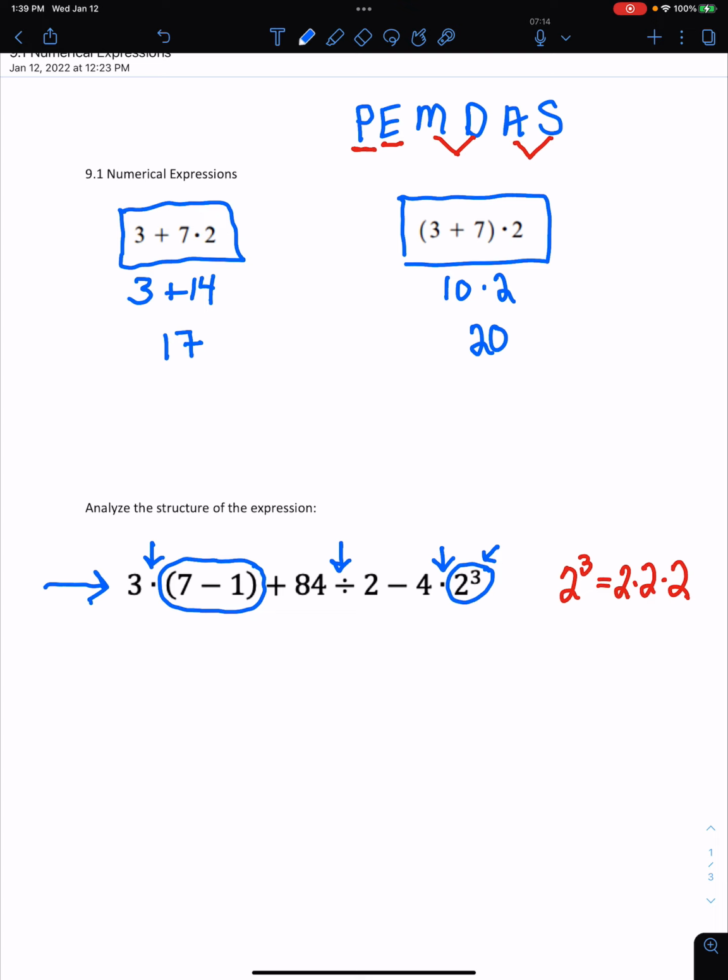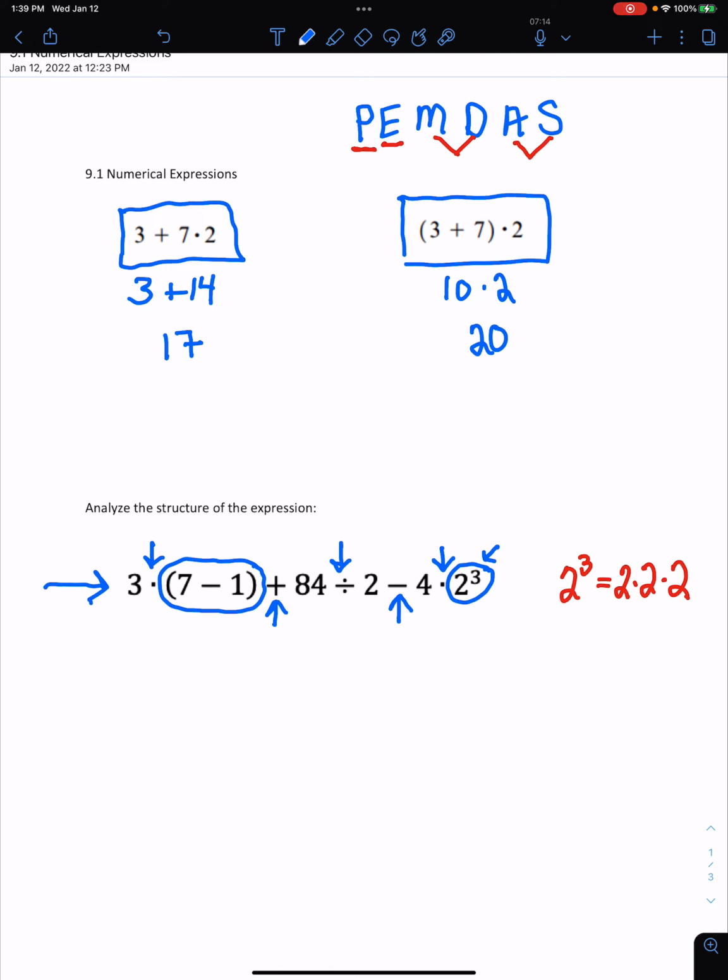All right, and then finally I'm going to do addition or subtraction again across in the order that they appear. So here I have addition and I have subtraction. So now that I've analyzed my expression, now I'm going to do those operations in that order.